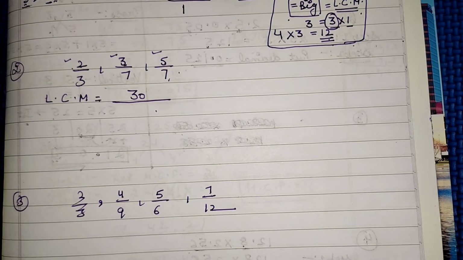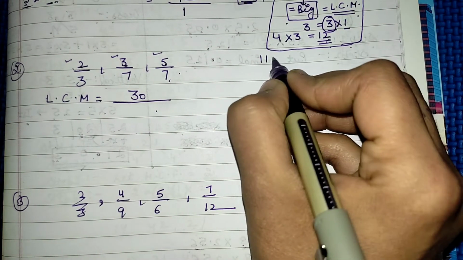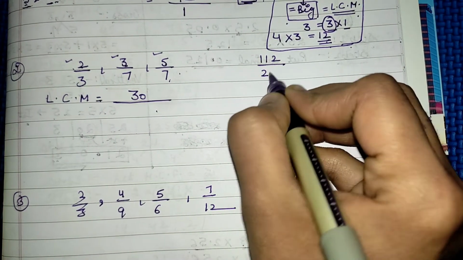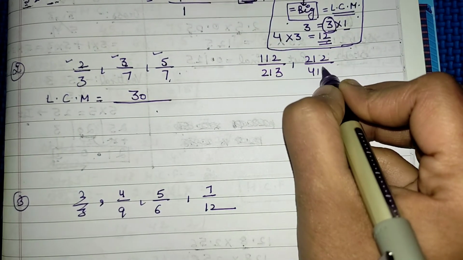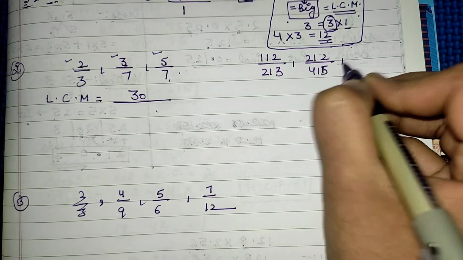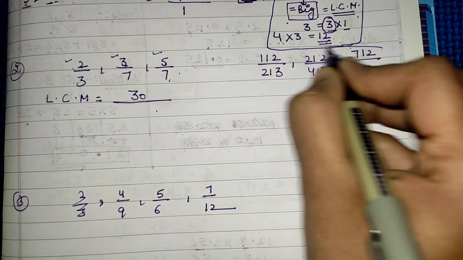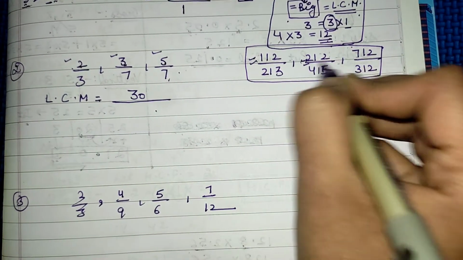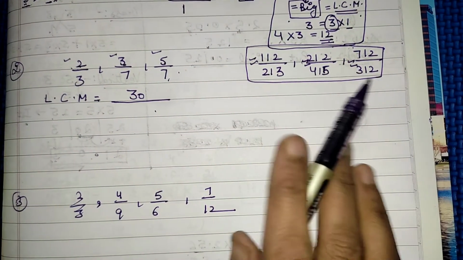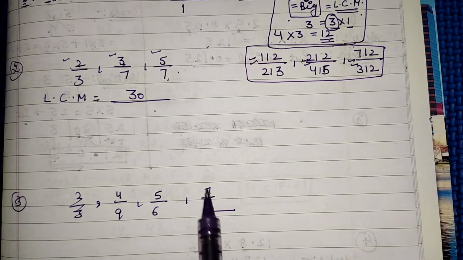But if some bigger numbers are given to you, like 112 divided by 213, 212 divided by 415 and 712 divided by 312, how will you find out LCM of such big fractions? For that you have to understand the trick of finding LCM and HCF.